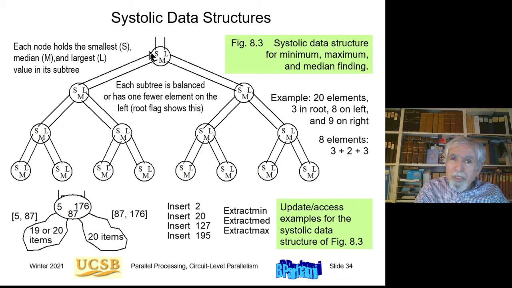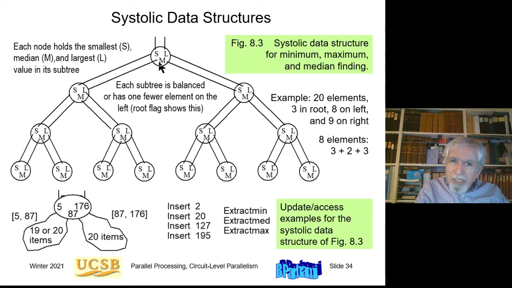By the way, the order of elements in this tree is like this: smallest, second smallest, third smallest, fourth, this way, and it gets larger, and I go through this path. So this is the order of elements stored in this tree.